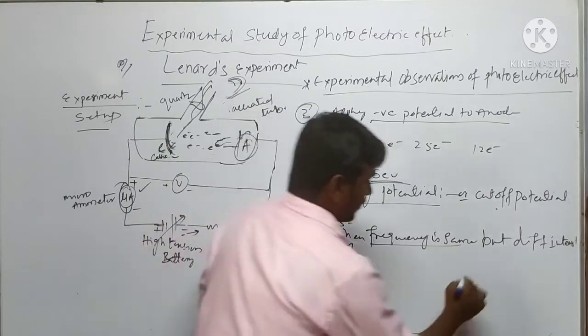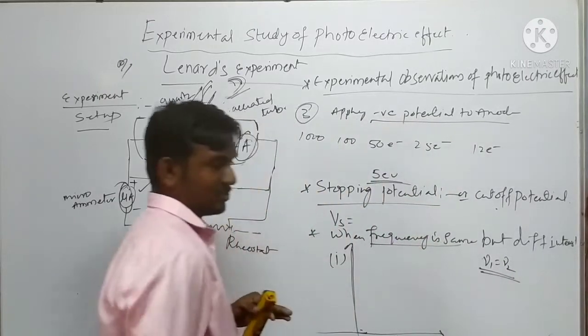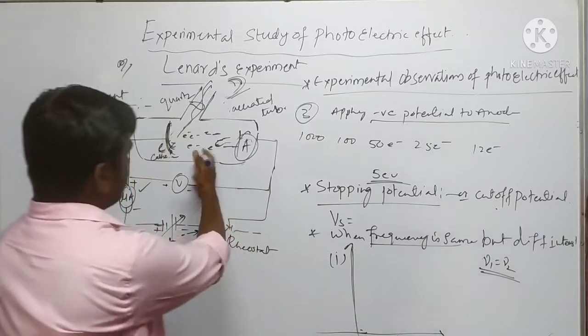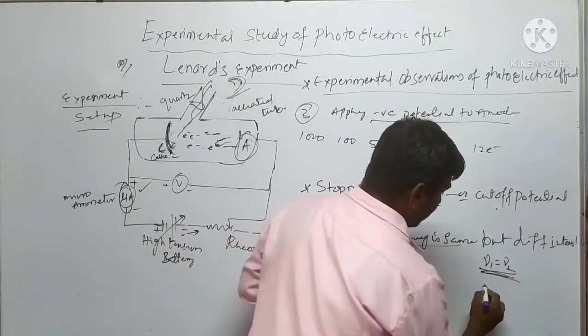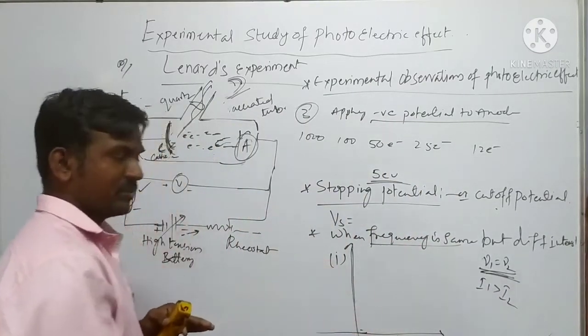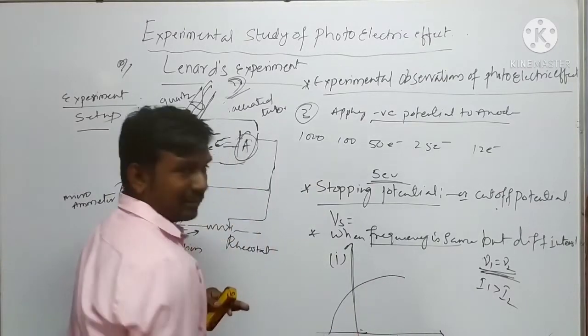What does different intensity mean? Frequency 1 equals frequency 2, the same frequency. When you consider some radiation falling on this experimental setup, the frequency will be the same, but different intensity. I1 is greater than I2. You may also take I2 greater than I1. So the observations will be like this.